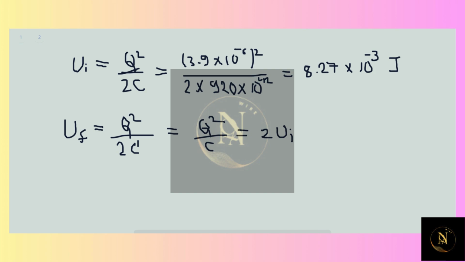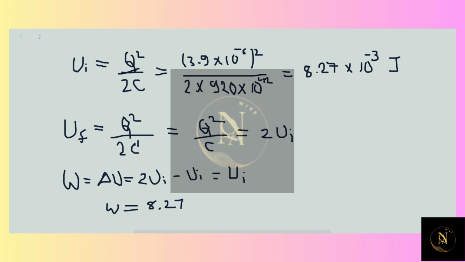So the final potential energy is twice the initial potential energy. And the work done is nothing but the change in potential energy, final minus initial. So twice the initial minus the initial is equal to the initial potential energy. So the work done in our case equals 8.27 times 10 raised to negative 3 joules. This is the work done to make the plate separation 2D by keeping charge constant.